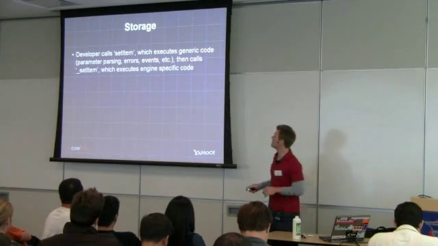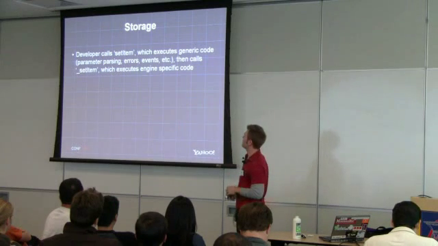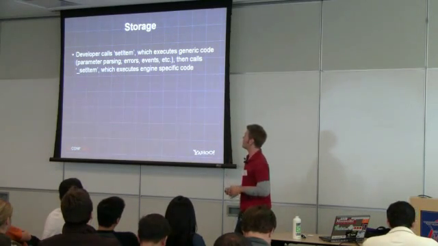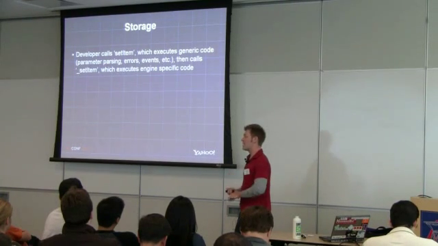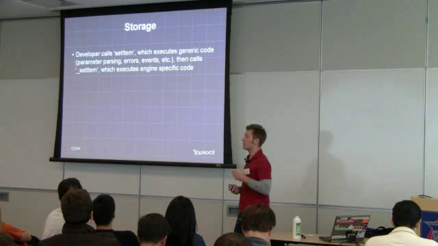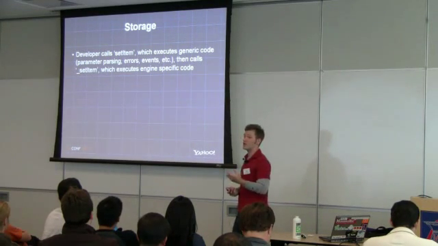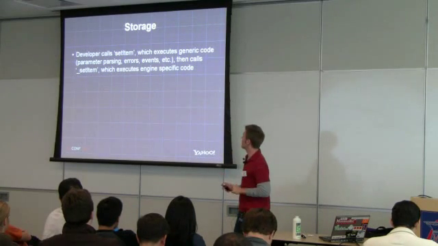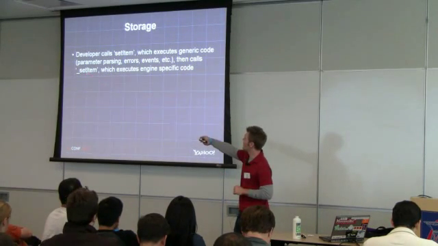So this is kind of complicated, so just to reiterate, when the developer calls setItem, it's going to parse the parameters, it's going to handle any errors, it's going to set up the storage event that's going to go to the callbacks, and then, if all that works out correctly, it's going to call the protected method _setItem.